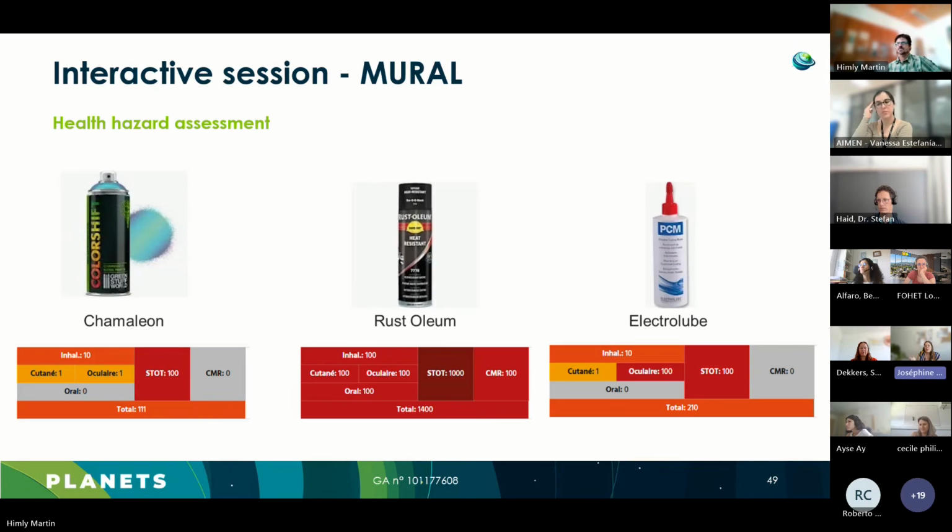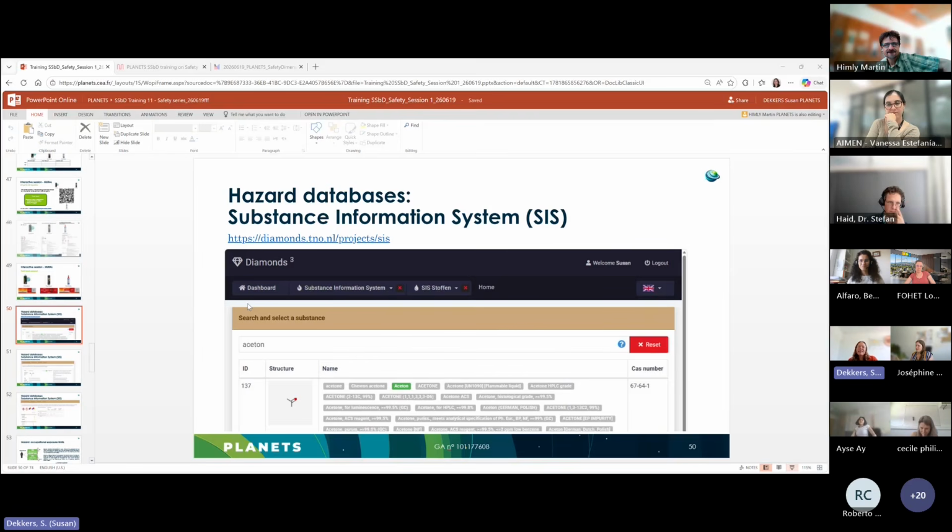That's a way of performing the assessment that is very usual for chemical health and safety engineers, and that's how we use it.